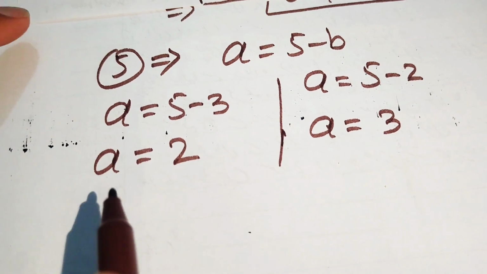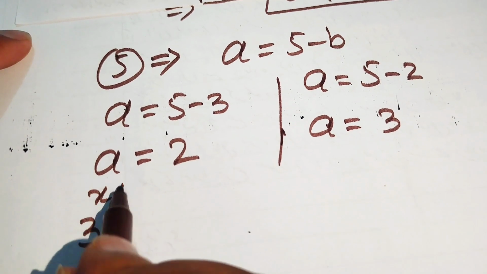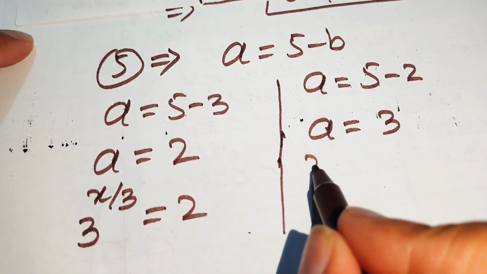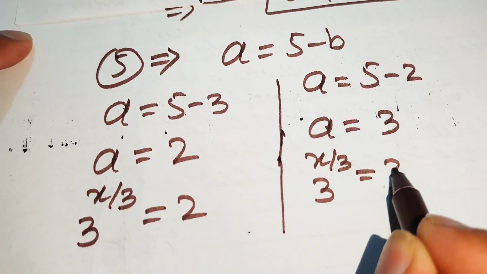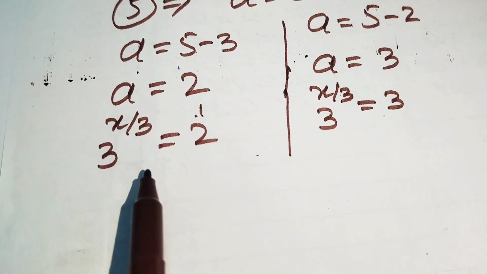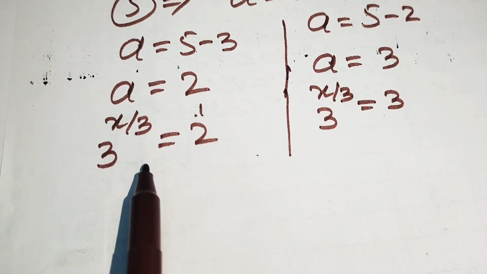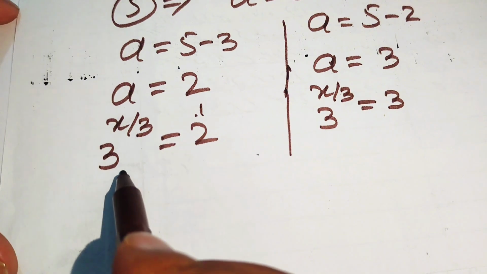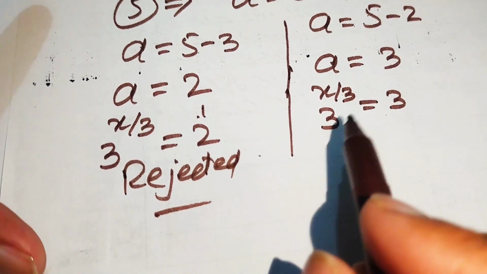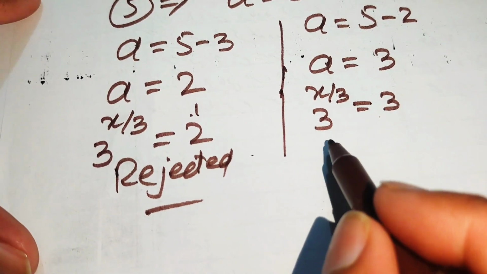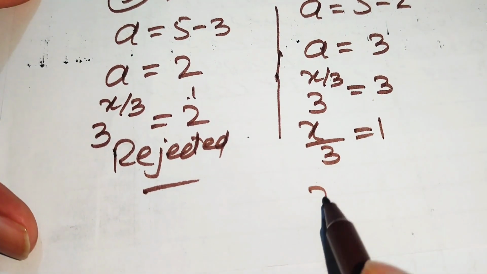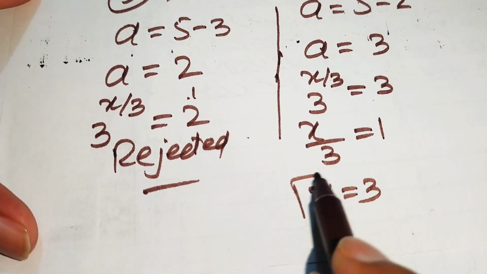We have 3 to the power of x over 3 equals 2, and in this case we have 3 to the power of x over 3 equals 3. The first is not possible because it cannot give us an integer solution, so we reject this case. Comparing both sides, you easily get the value of x over 3 equals 1, and here you get the value of x equals 3.